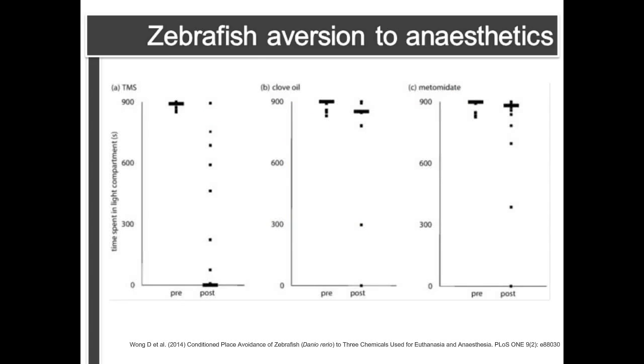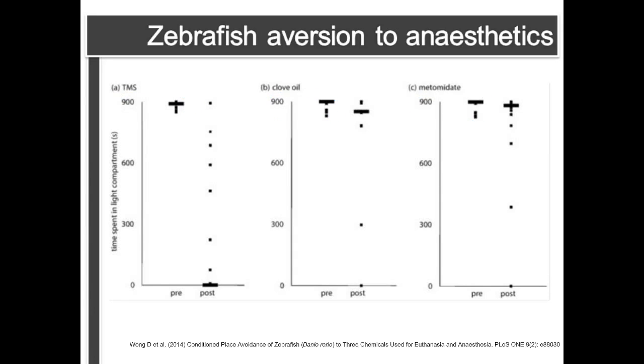In another paradigm, you can see here also a tank with two compartments, where fish have a preferred compartment and spend lots of time. In that compartment, the anesthetic was added, and fish were conditioned to have the anesthetic in that compartment.